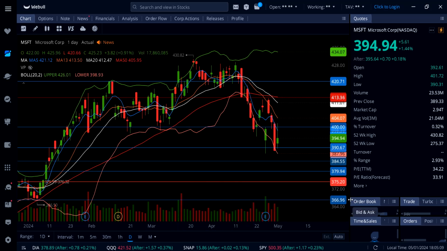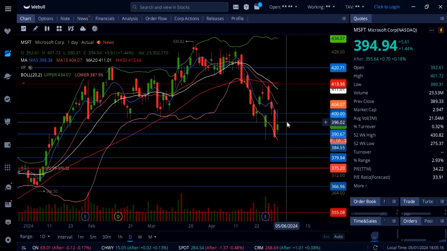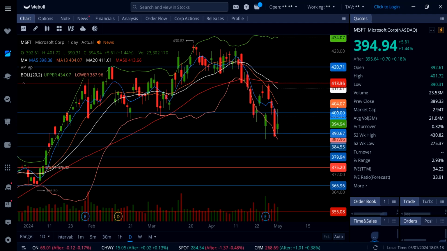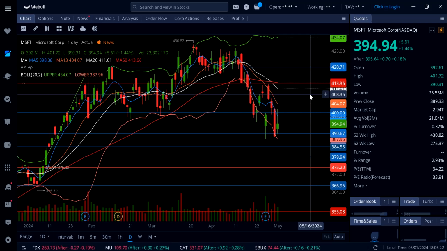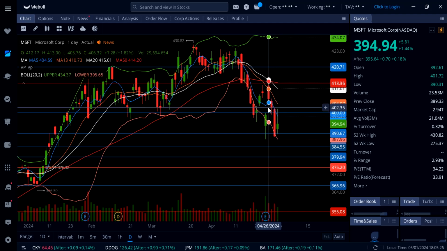To the upside, Microsoft needs to hold right here 400. If we can go above 400 on Microsoft, then watch out for a move back up to 404, up to even 411, and then 413. Now until then, I mean, look at this candle yesterday and look at today. Massive rejection from pretty much the same place right here.